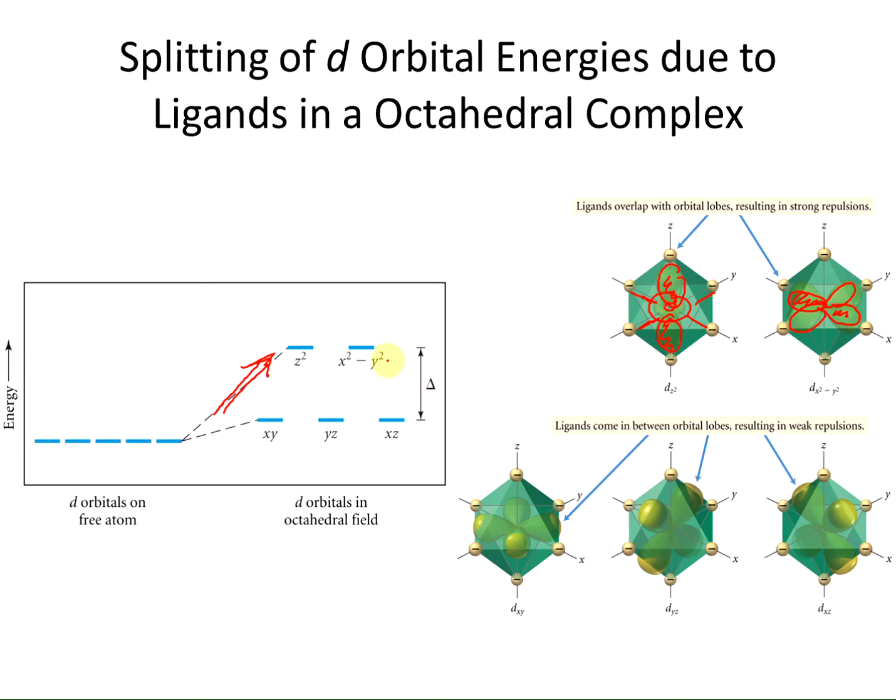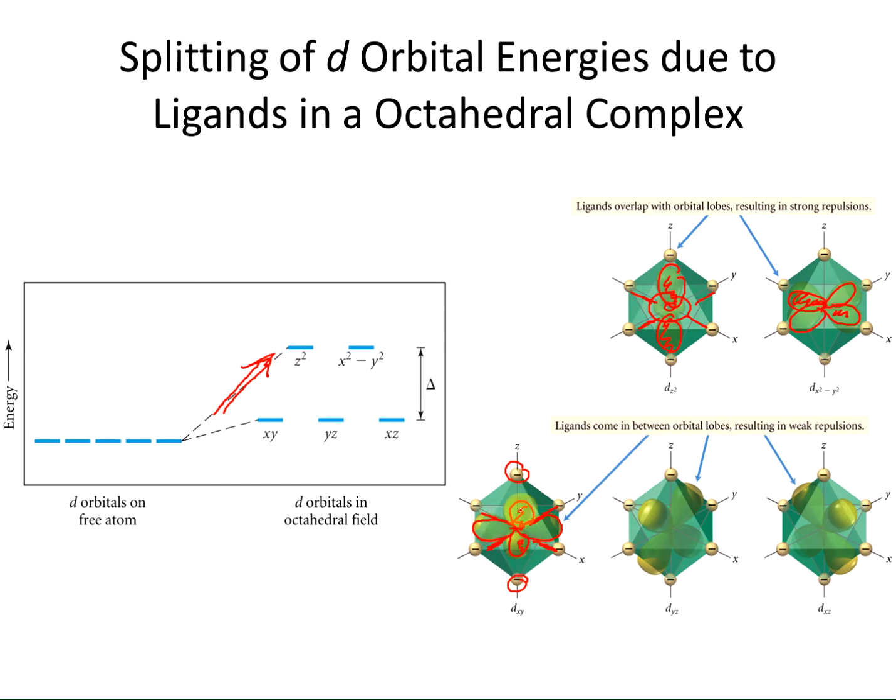But for the dxy, the dyz, and the dxz, notice that, so here are the lobes for the dxy. Notice that these are in between. So the ligands are in between these lobes. Because they're just missing it, these actually get stabilized more than the dz squared and the dx squared minus y squared. And if you're having trouble visualizing, this ligand is actually on top and this one is below, and it's not overlapping with the d orbital.